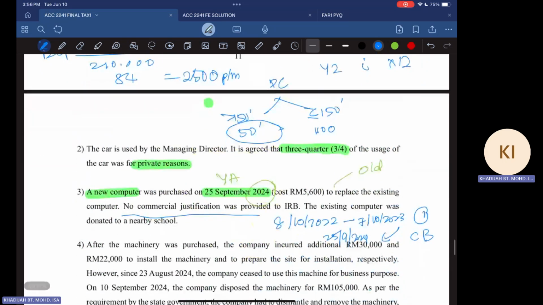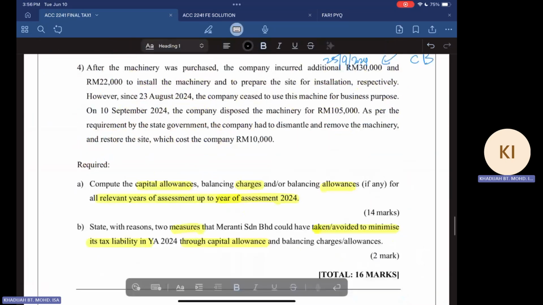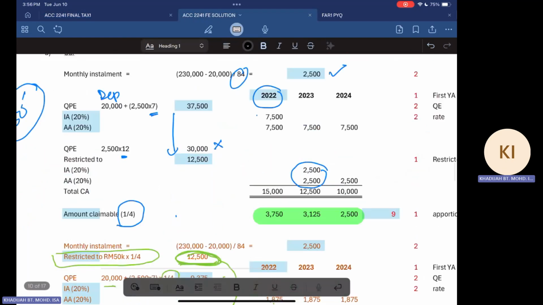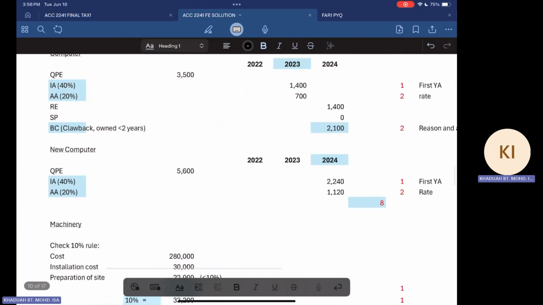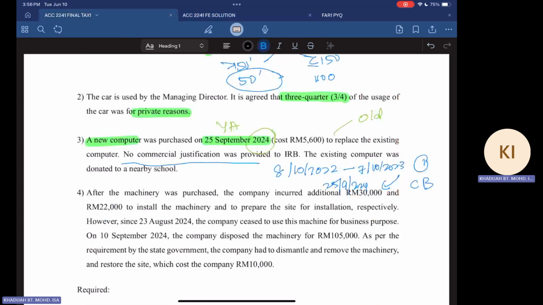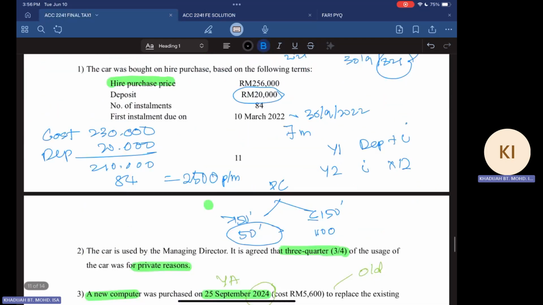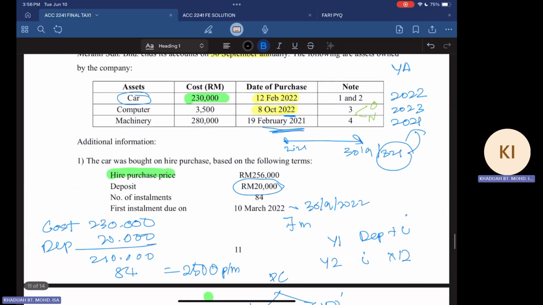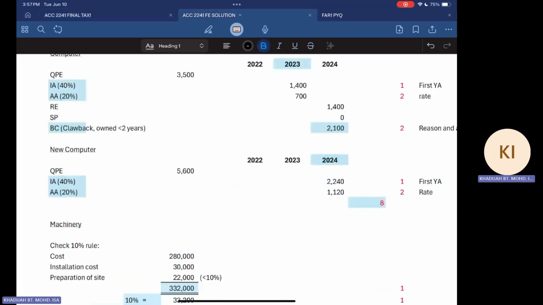So we have here for the computer, the rate is 40 and 20, and you acquired in YA 2023. Remember that just now you acquired in YA 2023, so now claim IA and AA.